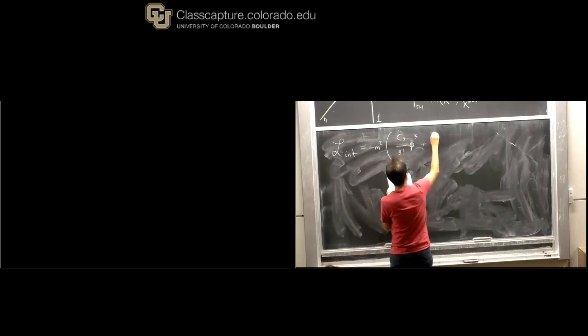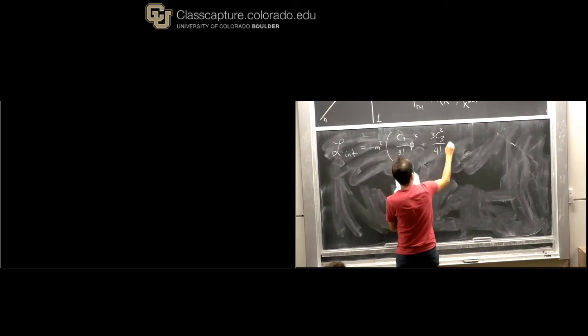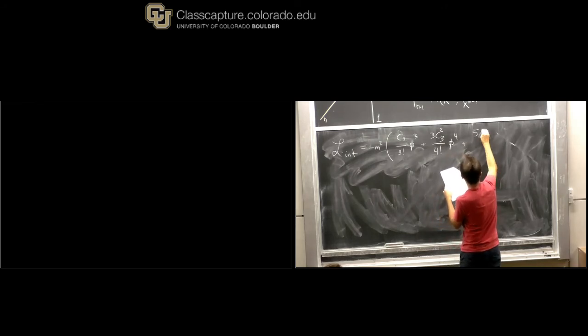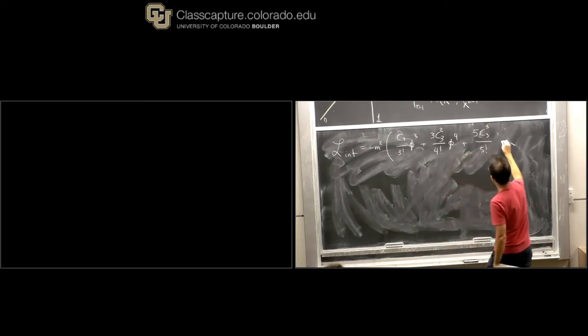Then C4 was 3 C3 squared over 4 factorial phi to the 4. Then C5 is this constant. The constant turns out to be minus 5. So what you need to put here is 5 C3 cubed divided by 5 factorial phi to the 5.